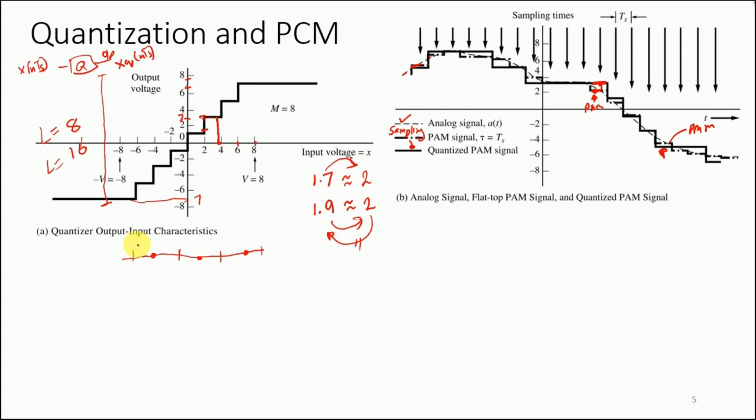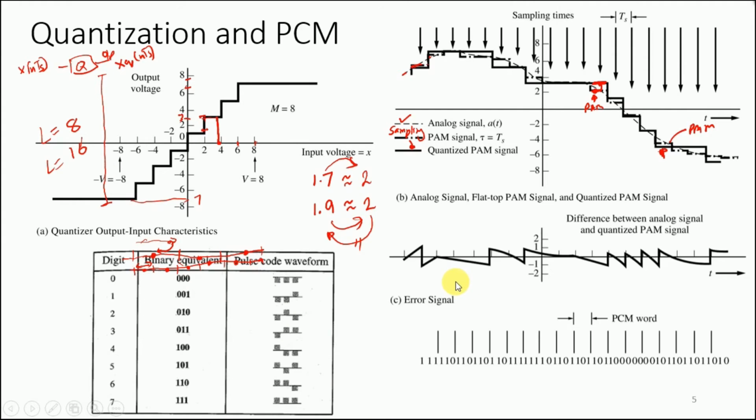If the input is anywhere within a section, it is approximated to that centroid. If you want to decrease the quantization error, you can make more partitions, and the centroids would be in between them. So the number of levels would increase, hence the approximation range would decrease, and hence the quantization noise would eventually decrease. So let's move on.